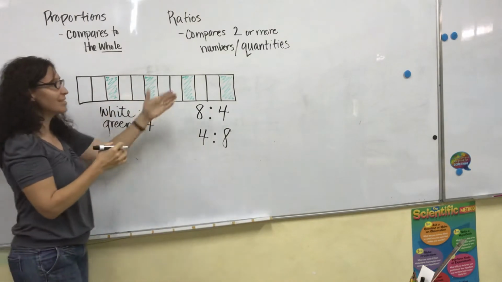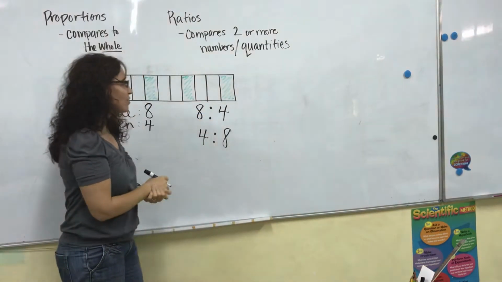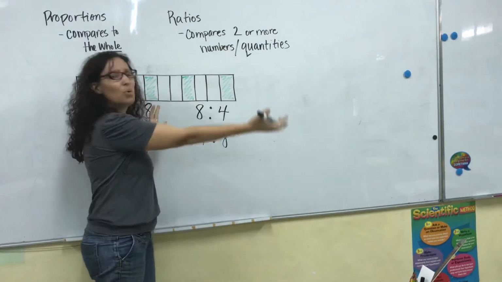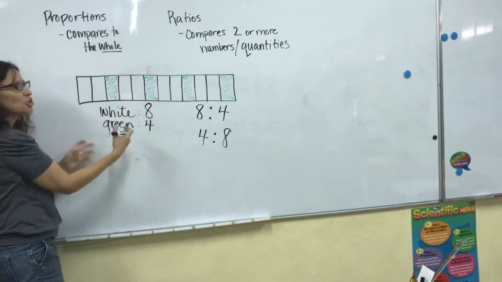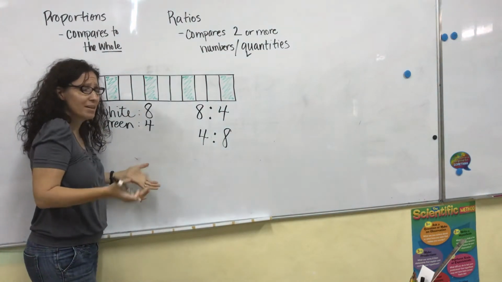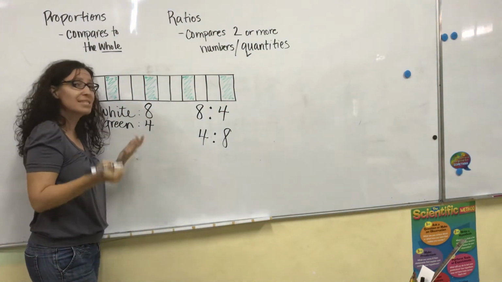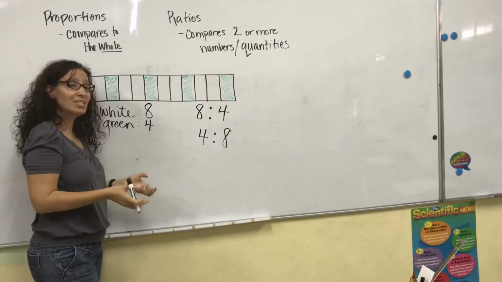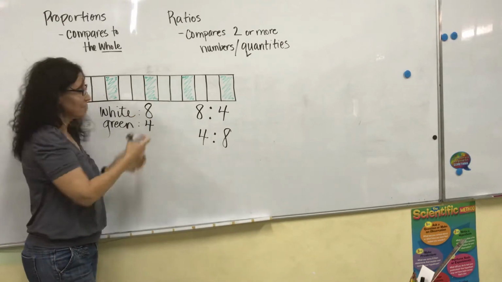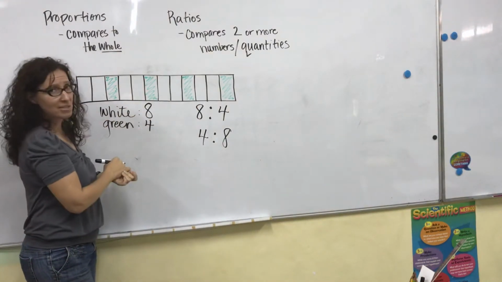But if I wanted to extend this, and what if I only wanted to extend it a little bit? I didn't want to put on 8 more, or I didn't want to put on 12 more. I just wanted to add a few more. Well, we could find out the simplified ratio, and that's going to give us the simplest way to add on to our line of boxes.